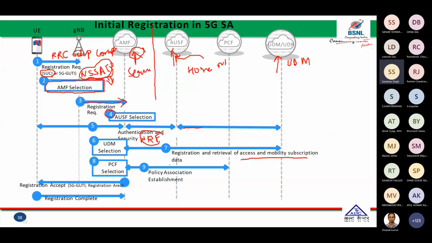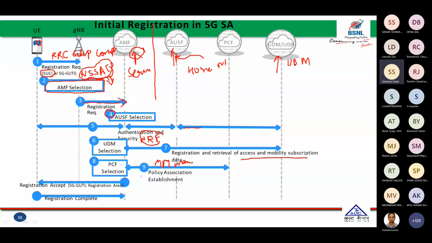And after getting this data, they select the PCF for what purpose? For the mobility management policy query. The AMF is only responsible for mobility management, right? SMS and mobility management functions.